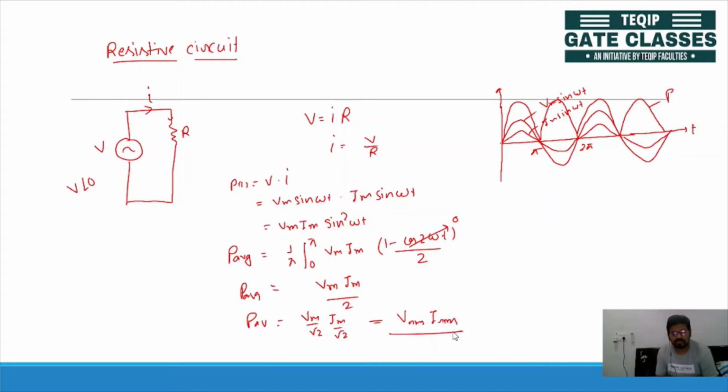So this is your average power for a purely resistive circuit, the constant average power, P average. So for a resistive circuit you have a resistance, or impedance, R only, and you got your average power as V RMS and I RMS.